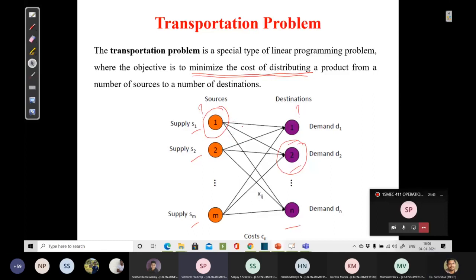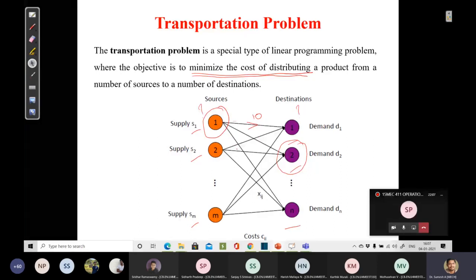Okay. So now I have source 1 to destination 1, and I have to find the minimum route which incurs the lowest cost. Say, for example, transporting one unit from 1 to 1 will take only a cost of 10.